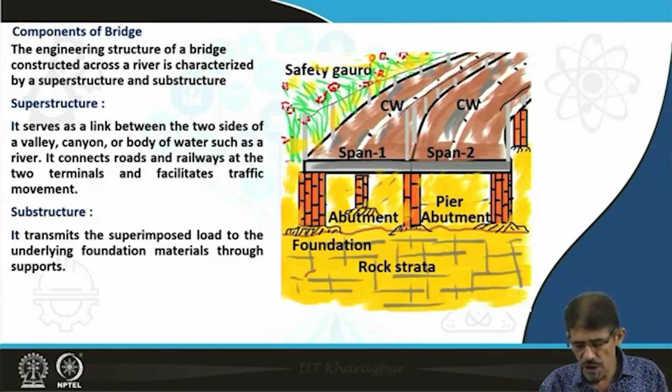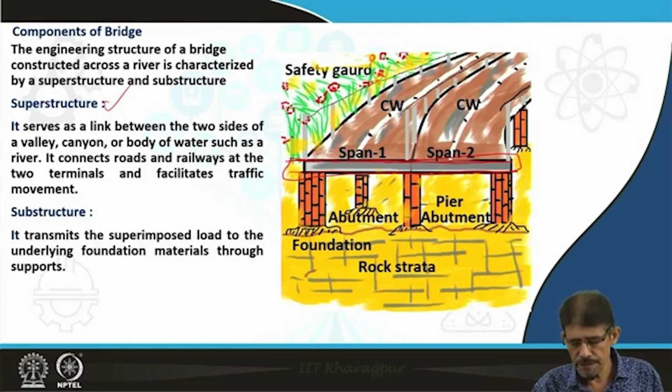Broadly, the structure of a bridge can be divided into two categories. First is the superstructure. The superstructure is the structure that facilitates the purpose of construction, either in terms of movement of traffic or movement of rollers, motors, trains, etc. So this structure is recognized as the superstructure.